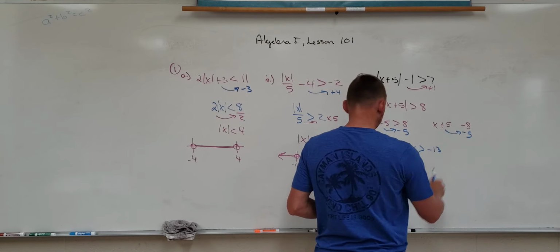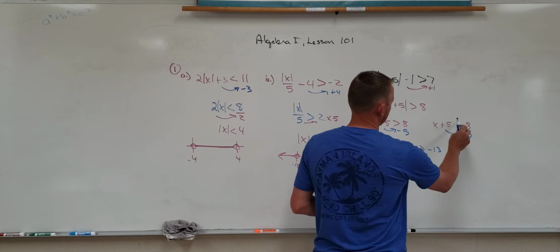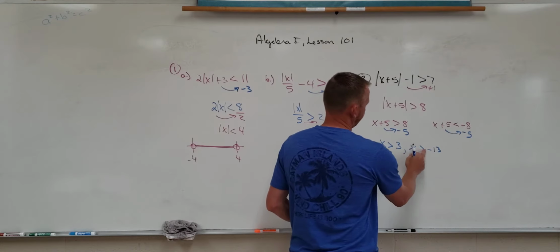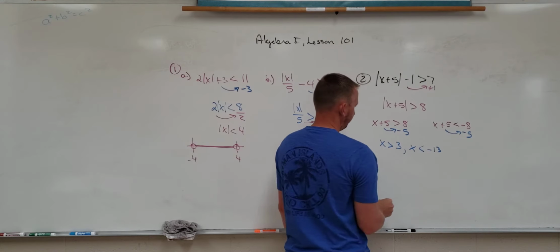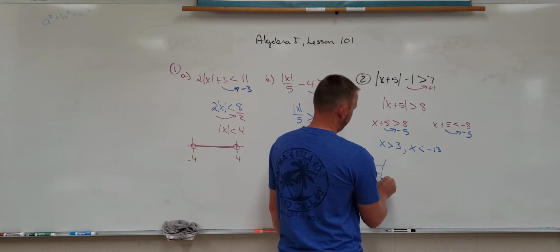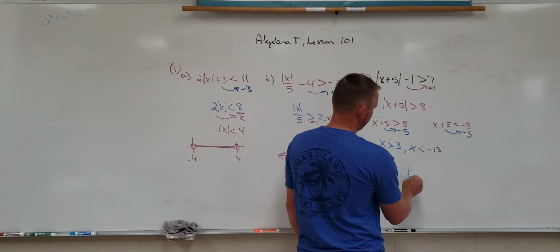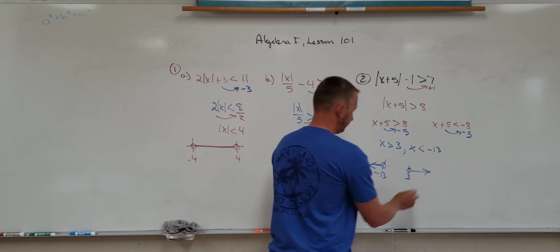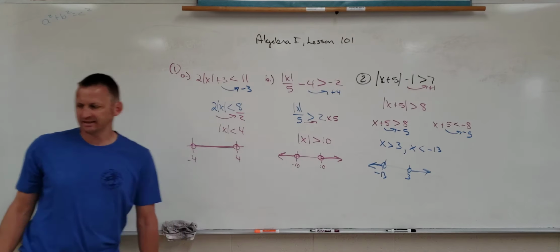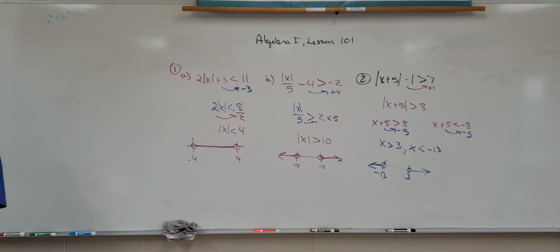We do the less than over here. So we have negative 13, and it is less than. We have 3, and it is greater than. So inside the absolute value sign, you're going to set them equal to, in this case, less than or greater than, and solve. Okay?